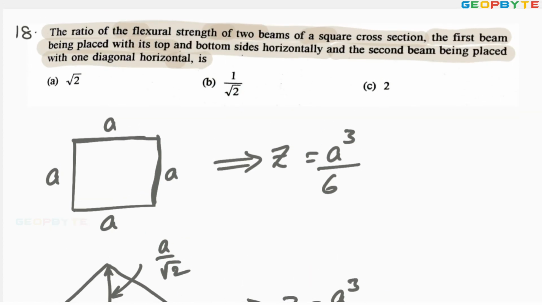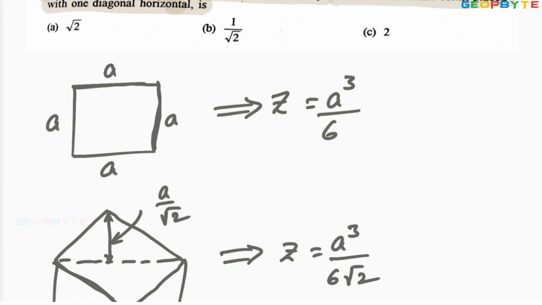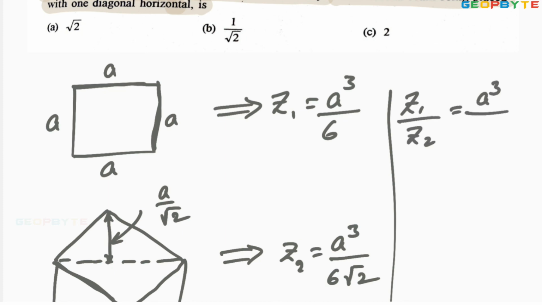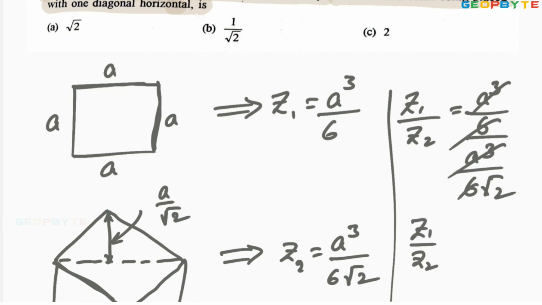The ratio of flexural strength. Indirectly, Z1 by Z2 is how much? Z1 by Z2 equal to A cube by 6 divided by A cube by 6 root 2. A cube by 6 cancels. Finally Z1 by Z2 equal to root 2. That is the answer. I hope you understood clearly.